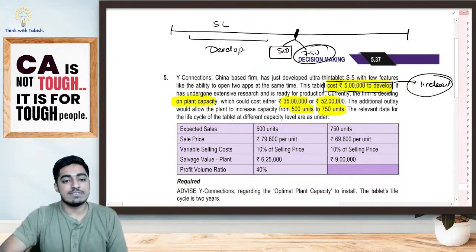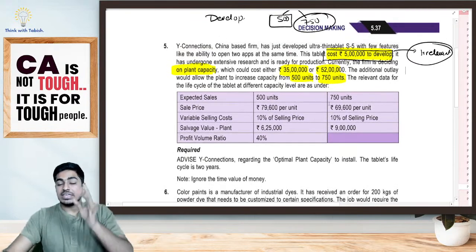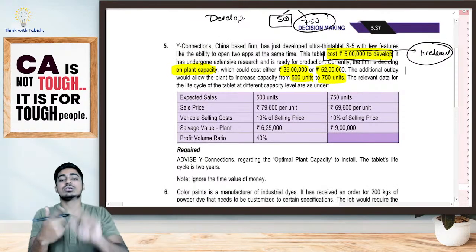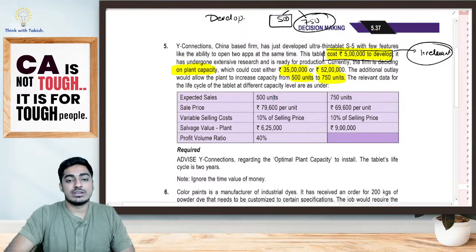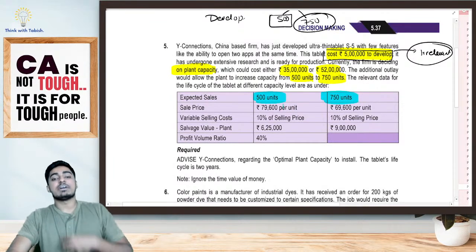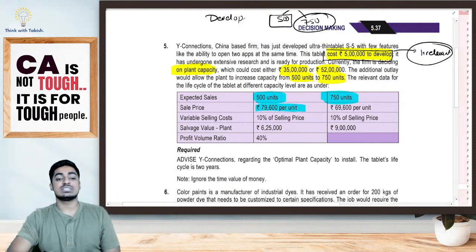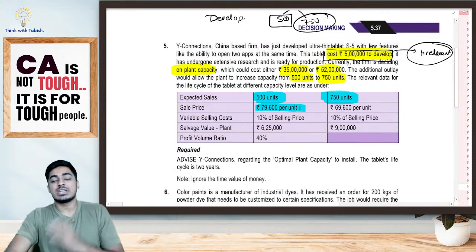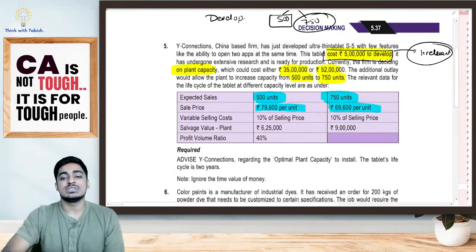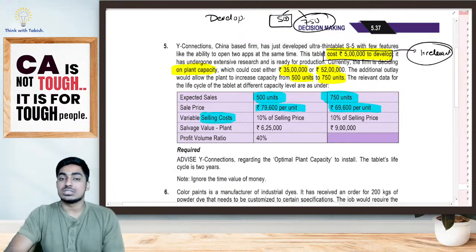Relevant data of the life cycle of the tablet at different capacity levels is given. What is the decision we are taking? Should we produce 500 units or 750 units? Now, two different levels, 500 units, 750 units. If I am selling 500 units, I will be in a position to sell at the rate 79,600. I will be selling every tablet at the rate 79,600. But if I increase it to 750, I should be selling it at 69,600. What is the variable selling cost?